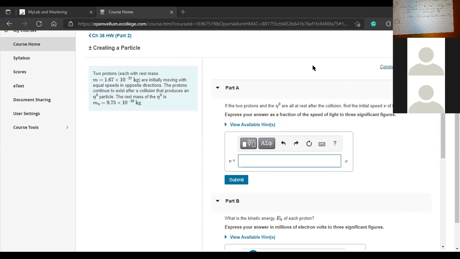Basically, you had to have enough kinetic energy between the two protons such that when they lost all of it, that was enough to give the eta particle mc squared. So in other words, mc squared for the eta particle should be half the kinetic energy of a proton. Does that make sense? Yeah, so it would be one half the kinetic energy. One half the energy of the eta is the energy of a single proton.